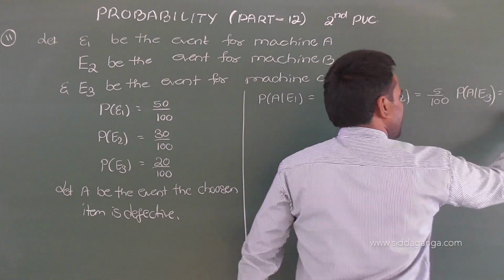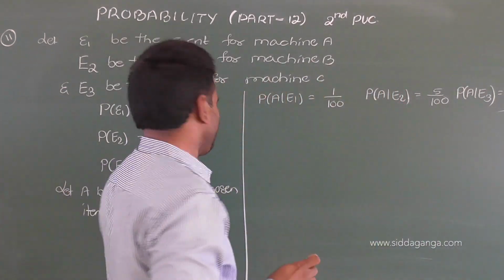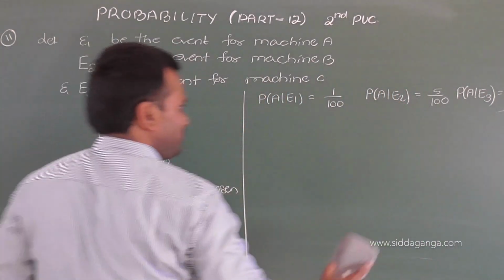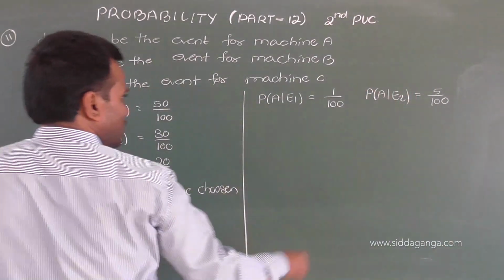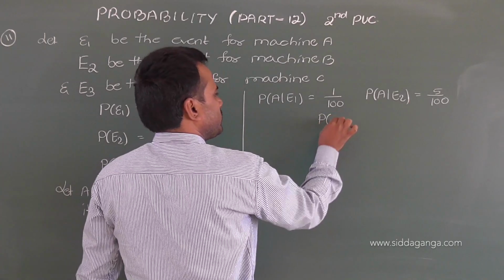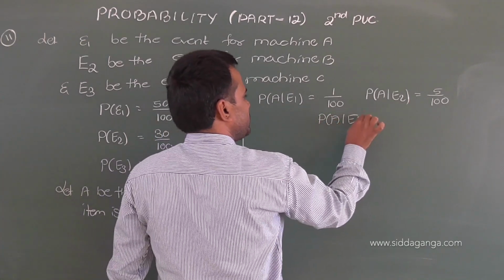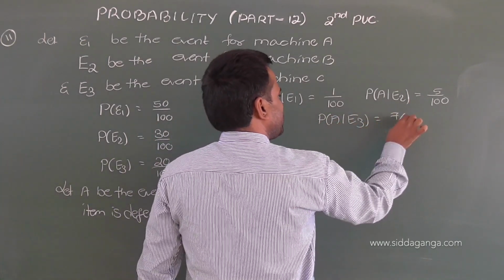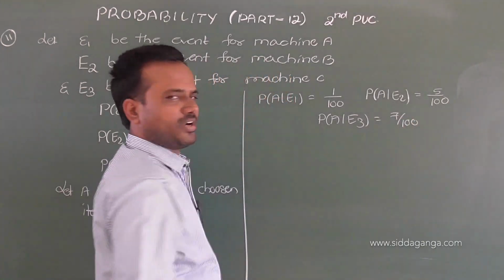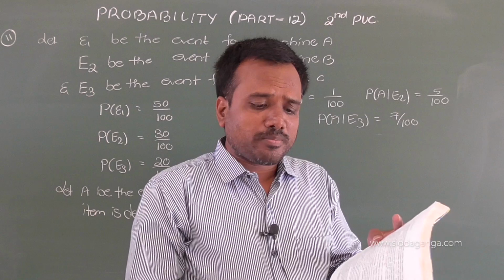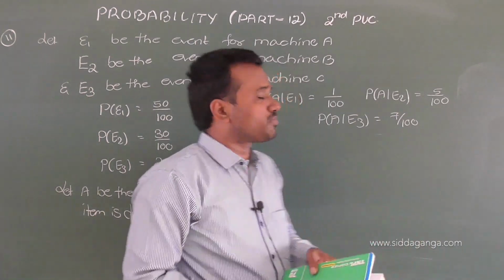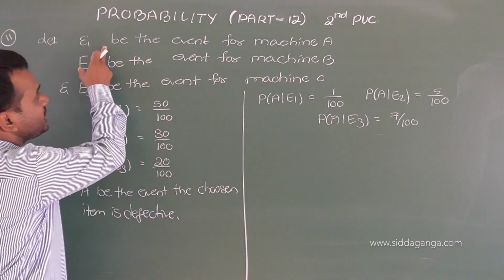Probability of A given E3 is 7 divided by 100. So what is asked? What is the probability that it was produced by machine A?